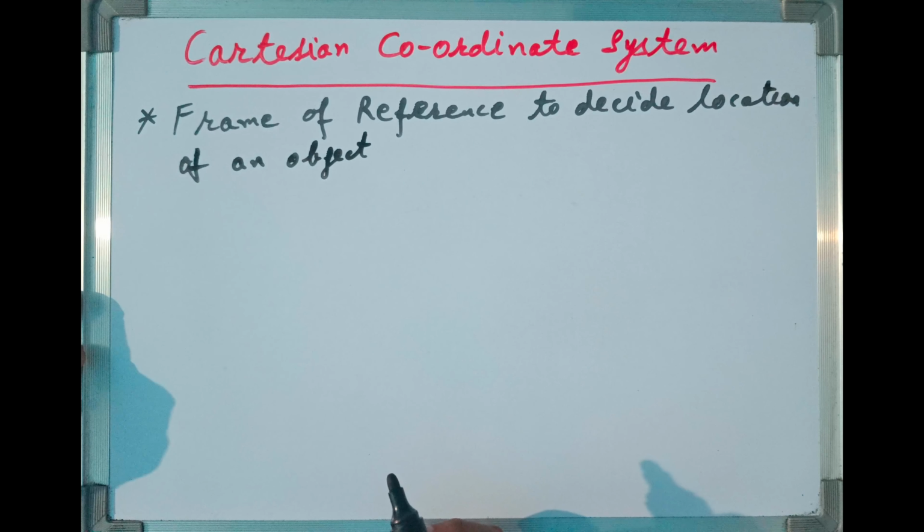Suppose an object is moving in space, we have to decide where it is. We have to use some system. That system is known as the Cartesian coordinate system.